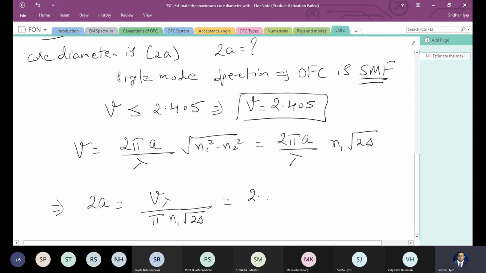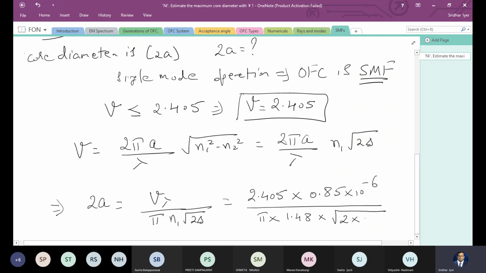V is 2.405 because it is single mode. The wavelength of operation is 0.85 micrometer. So you have 0.85 into 10 raised to minus 6 divided by the value of pi into n1. The value of n1 is 1.48 into square root of 2 delta.